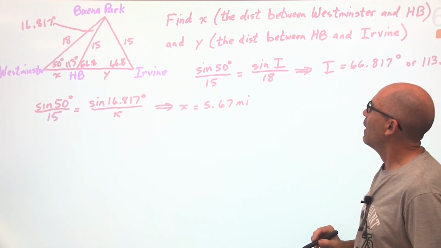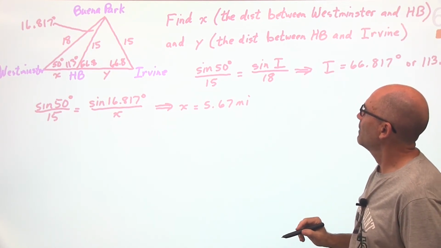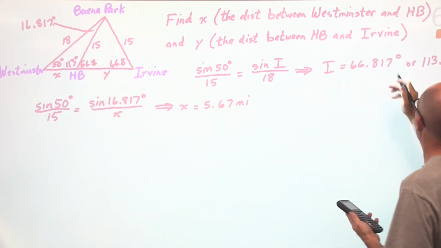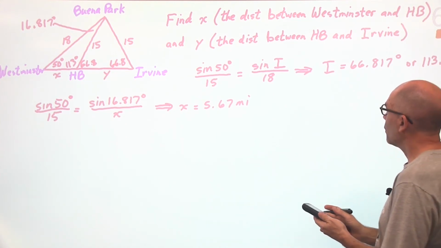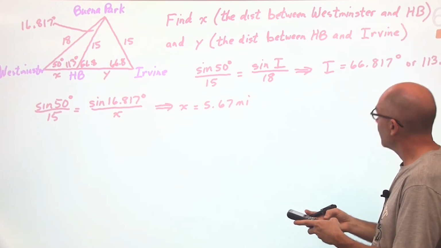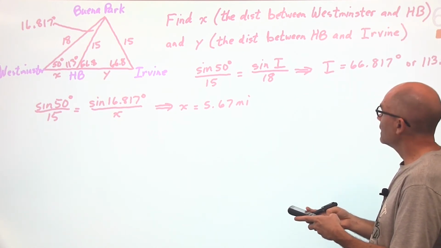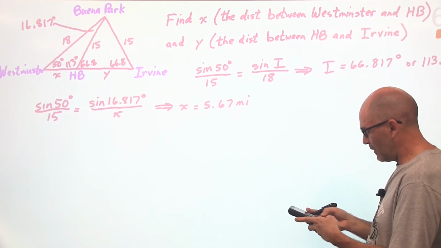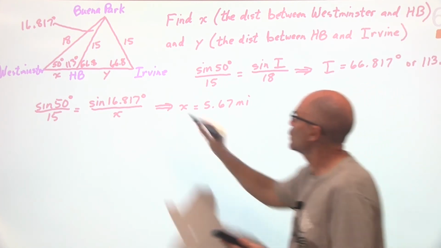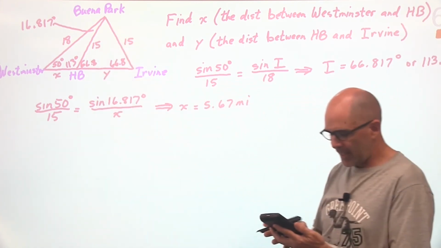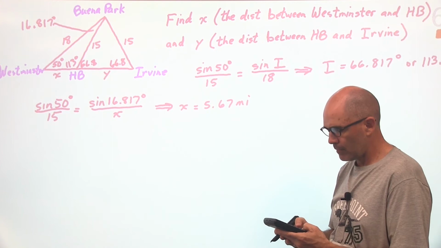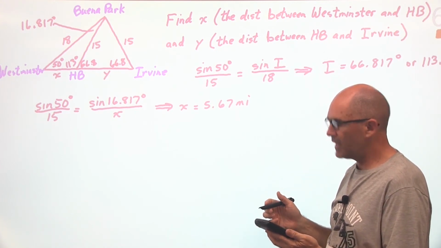So now if we add these two angles up, what I'm going to do is go back to here. And once again, let's get the exact angle. So it's 50 sine, 18 times 15 divide, inverse sine. And there's my 66.817. I'm going to double that, so just multiply by 2. And then subtract from 180. And so I get 46.365 degrees.